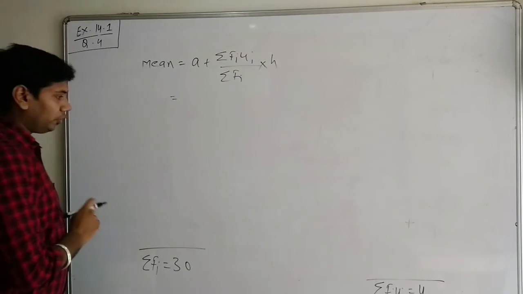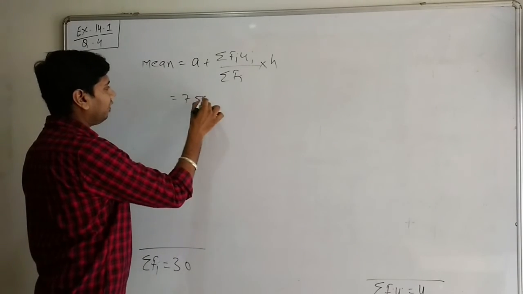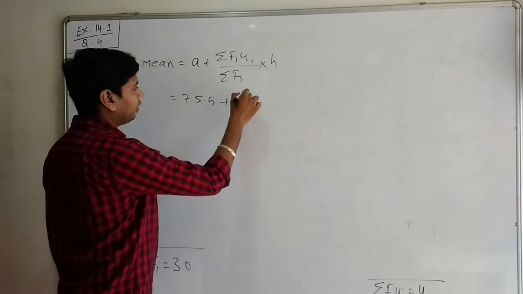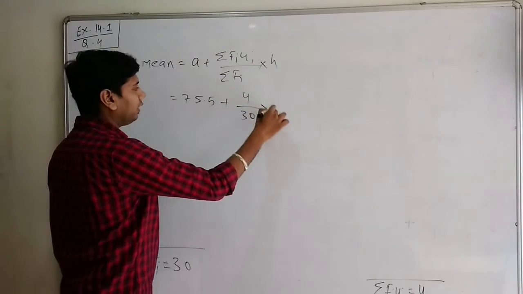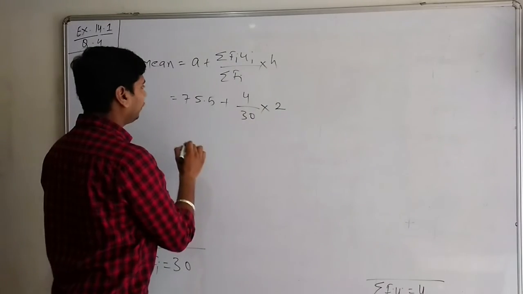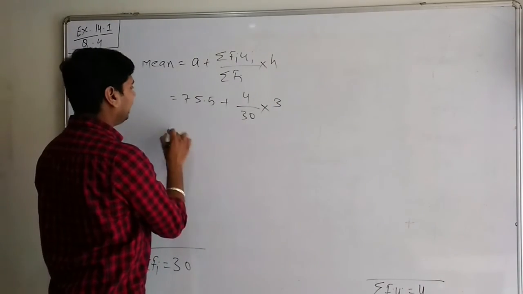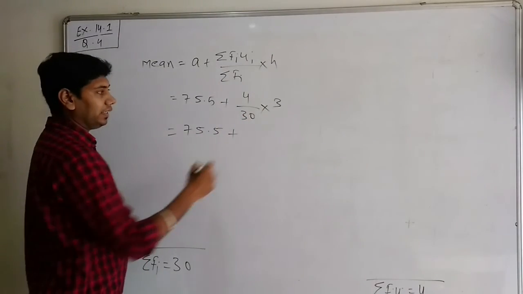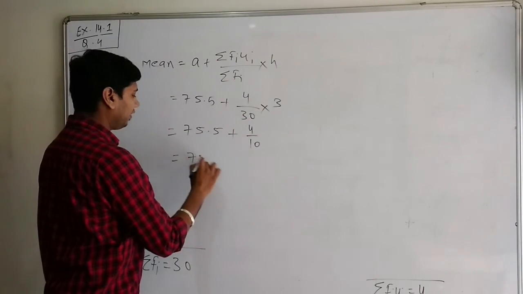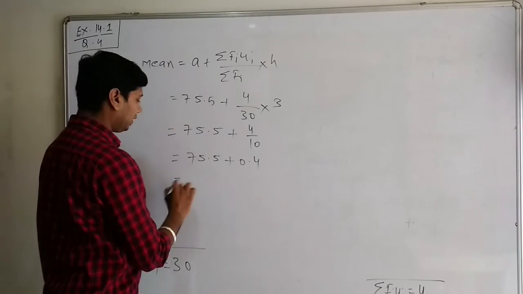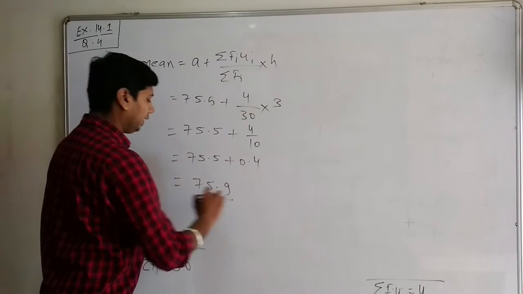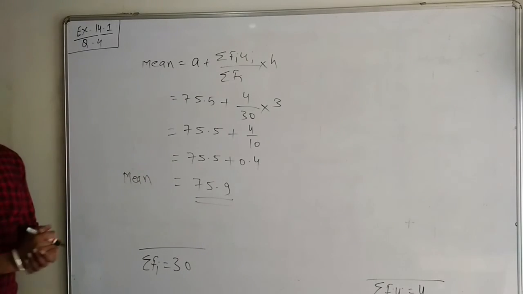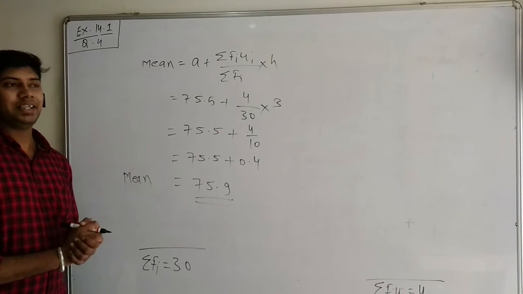Here the value of a was 75.5, plus sigma fi ui, which is 4, and sigma fi, which is 30, multiplied by 3. 75.5 plus 3 upon 30. So it gives 4 by 10. 75.5 plus 0.4 is equal to 75.9. So the average heart rate for women is equal to 75.9 pulse beats per minute.